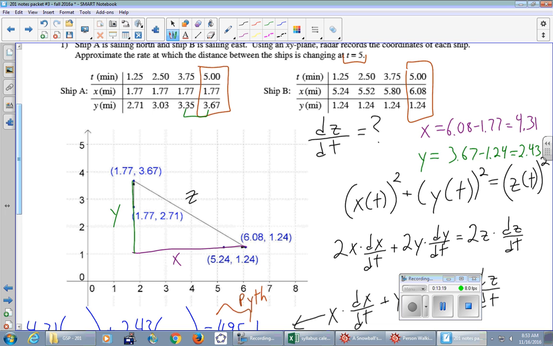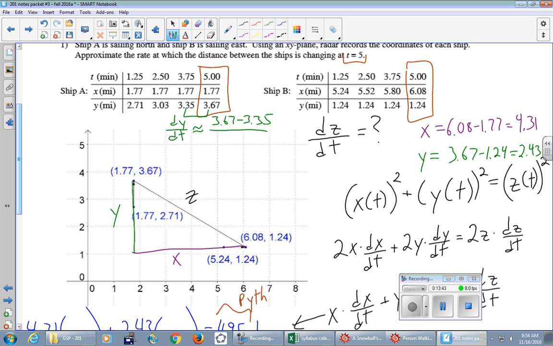So let's do this in green. Right here, dy/dt is approximately equal to a change in distance over a change in time: change in y over change in t. So what am I calculating for the change in y? I'm just going to pick 2 points.